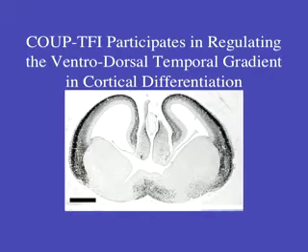So how does COUP-TF1 regulate patterning of the cortex, this suppression of rostral and dorsal fate? And how does it control the switch between proliferation and differentiation? We have a little bit of information about this. And the way we got this information is we assayed some of the known major signaling pathways that are taking place in the embryonic brain.